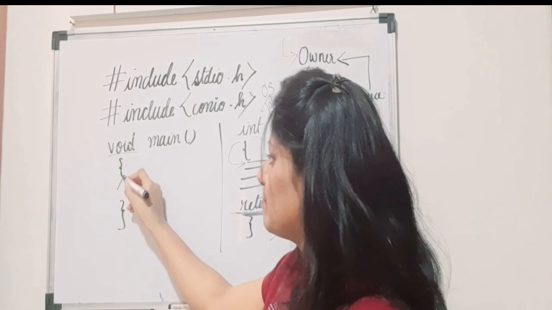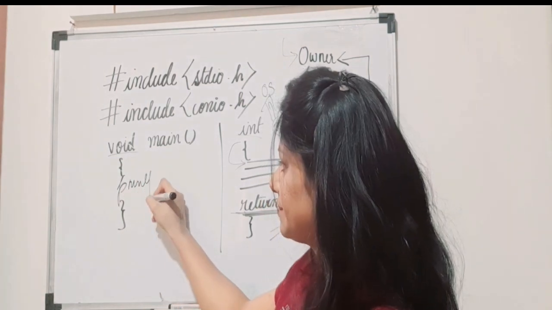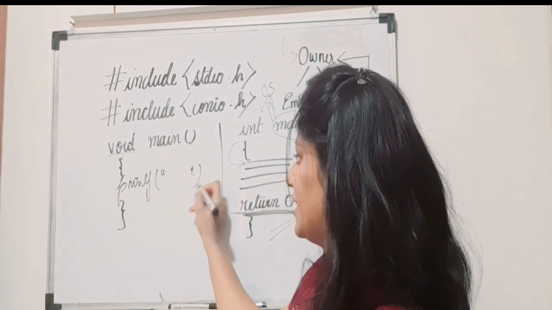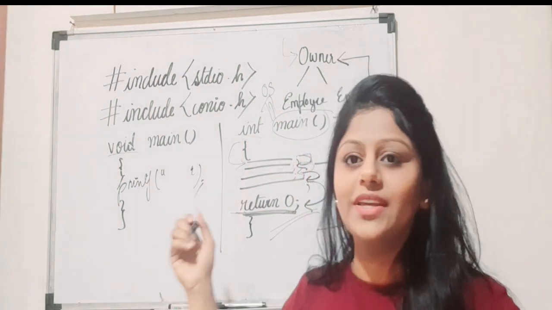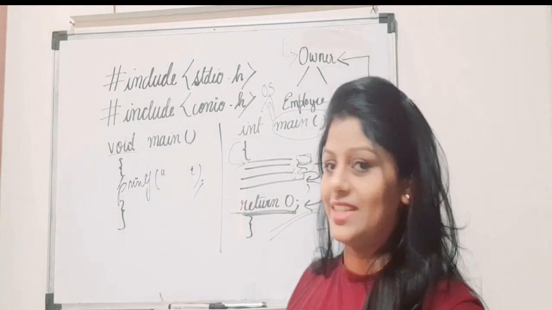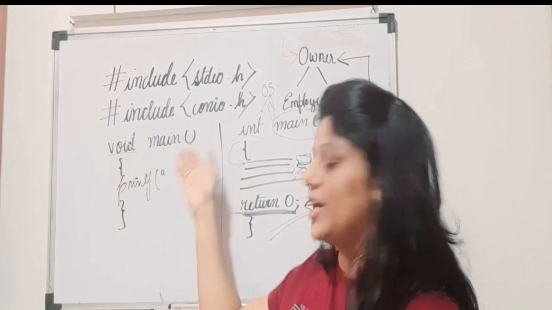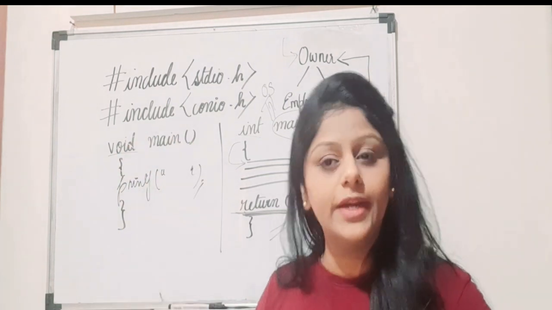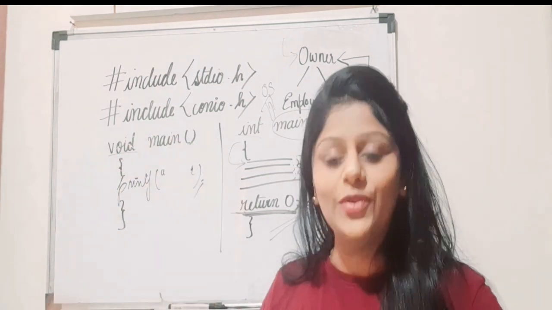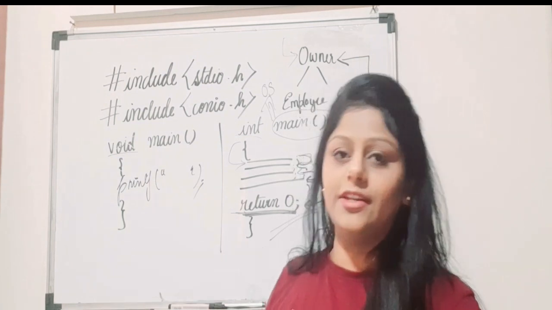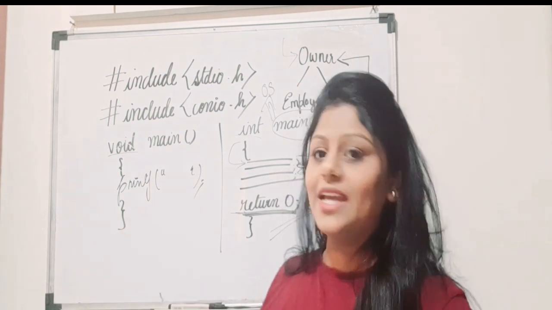In simple programs like printf, we can give void main. There's no need to check anything. We know that there is only one line, that is void main and printf. There is no data type declaration, no variable declaration, nothing.